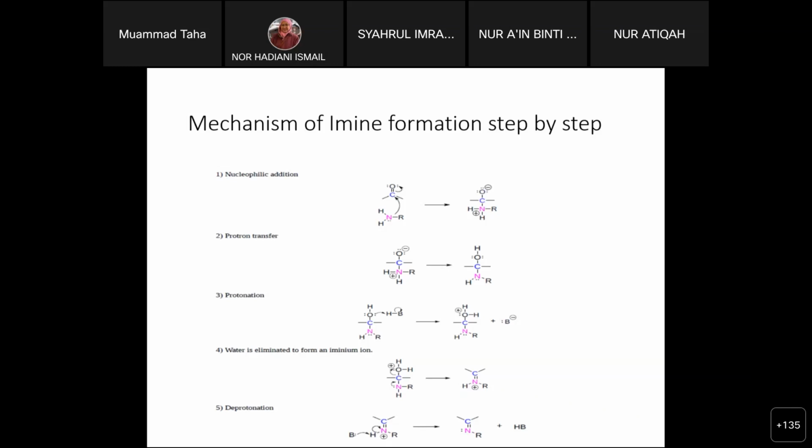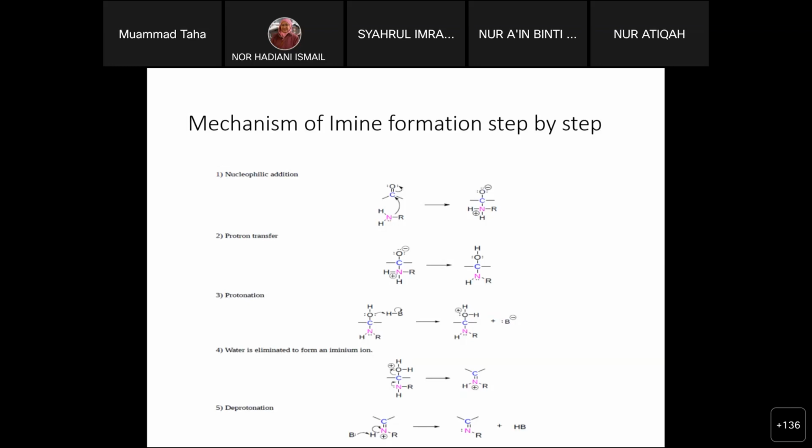What will happen again? Because this reaction always takes place in acidic conditions, acid is always there. This lone pair of oxygen takes a proton again and becomes positively charged. A positive charge on a highly electronegative atom is highly unstable, always remember. So when a highly electronegative group has a positive charge, it is unstable and wants to become stable.